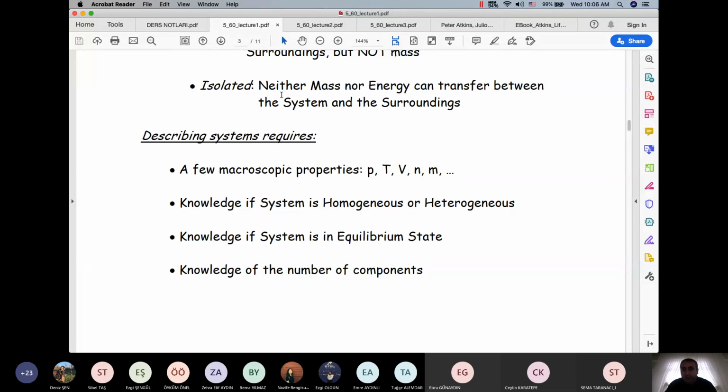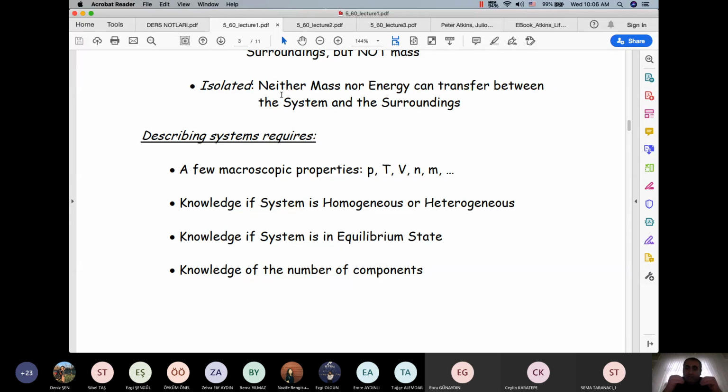For example, if you have a container in which you just put some gas, and the gas flows from this side to the other side, but you didn't wait enough time for the gas to expand all over the container, there is no gas in this corner of the container, and there is a lot of gas in this corner that you just put it in.